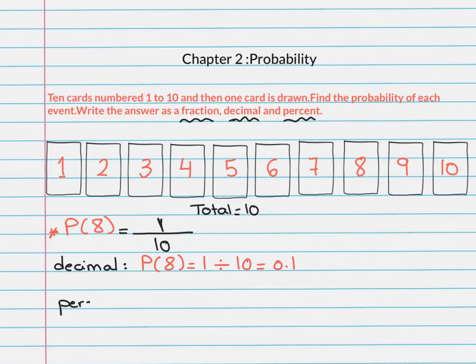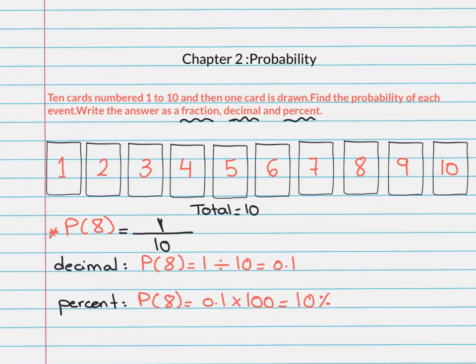To write it as a percent, it is easy. You take the decimal you obtained and multiply it by 100. So it is 0.1 multiplied by 100. The answer will be 10%. So as you can see here, we wrote the probability as a fraction, as a decimal, and as a percent.